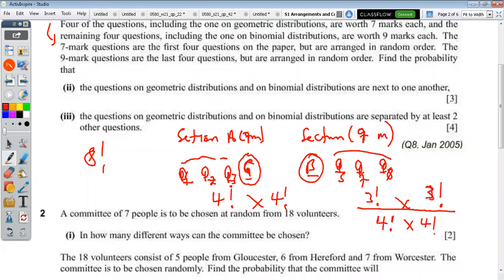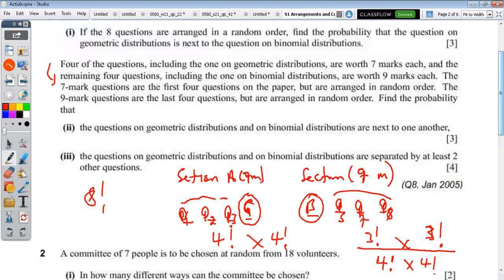Okay, let me stop you there just to make sure I'm following. Can you scroll up a little so I can see the question? We've got four questions under section A and four under section B. Section A is 7 marks, section B is 9 marks. The geometric is fixed and the binomial is also fixed.